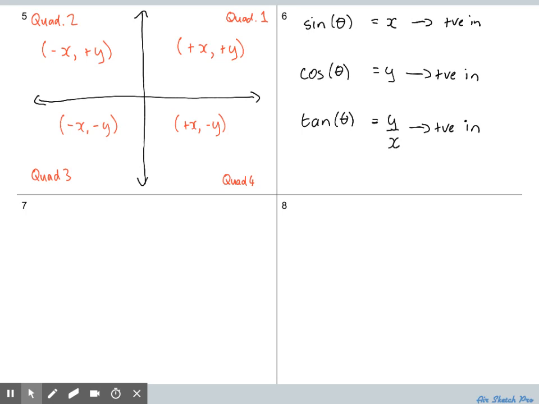Alrighty. I'm just going to switch over to the other diagram, but I will bring this back up in a second. No, I'll draw on this one. So if I had an angle here, then the coordinate here is cos theta, sine theta.